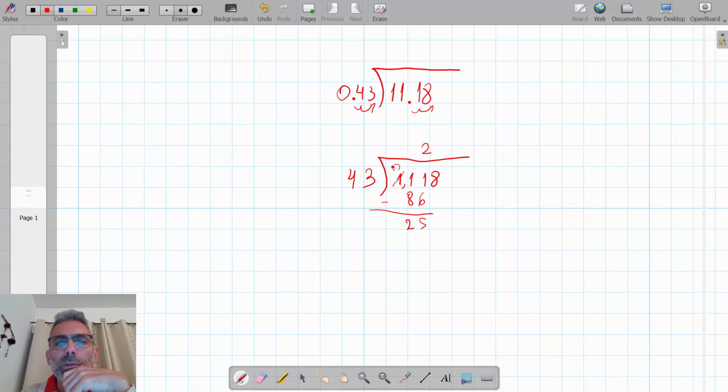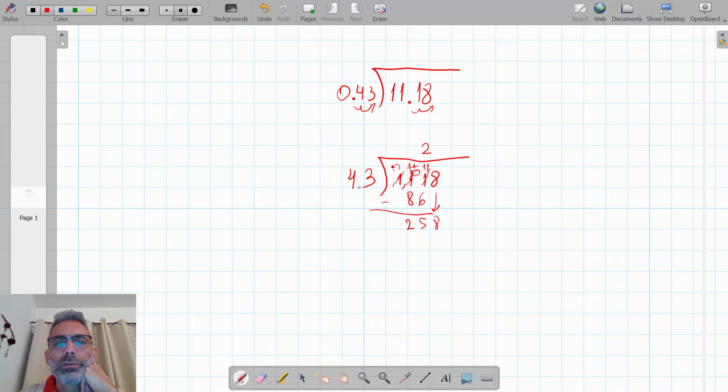This becomes 0, this becomes 11, but I need to lend 1 to the 1's place, so this becomes 10, and this becomes 11. 11 minus 6 is 5, 11 minus 8 is 2. Okay. 25, I bring down the 8.